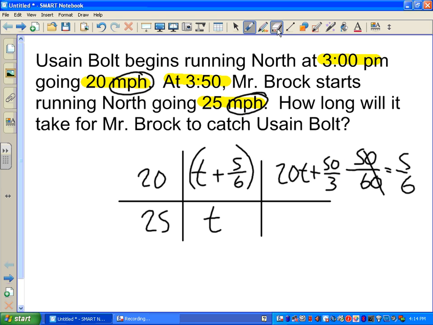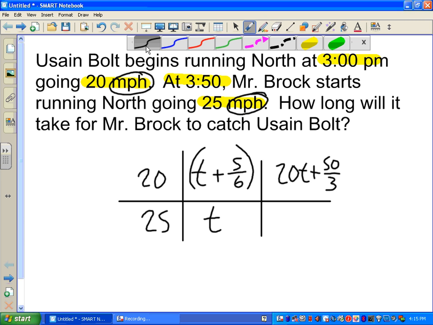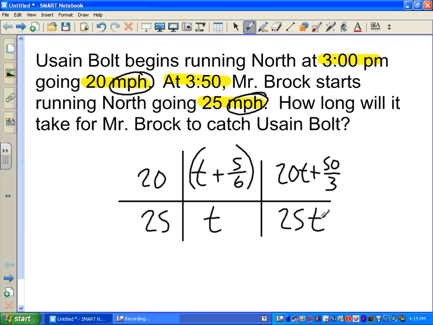Let me erase this out of the way. Next, 25 times t is 25t. Now, as I said earlier, the trick to this problem is that at the point where the second person catches the first person, these two distances are equal.